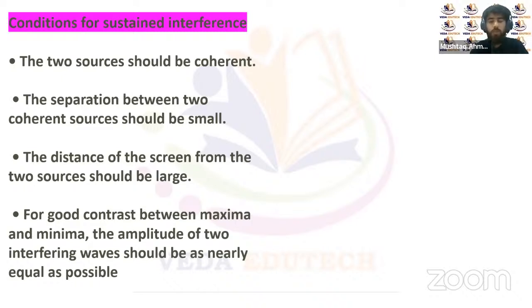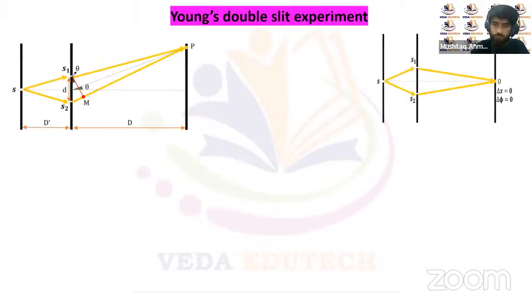If the amplitudes of the two waves are the same, then it's possible to have more sustained interference. So these are some of the conditions we should take care of in experiments so that sustained interference can be obtained.